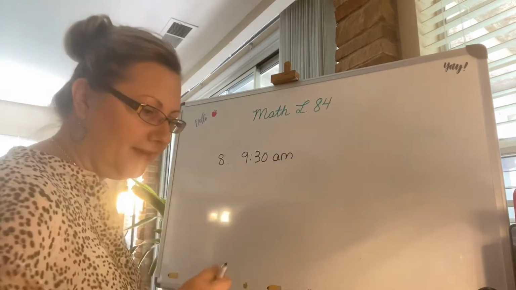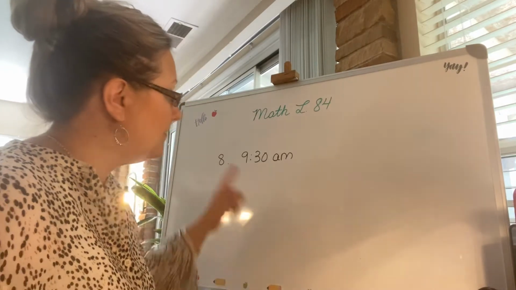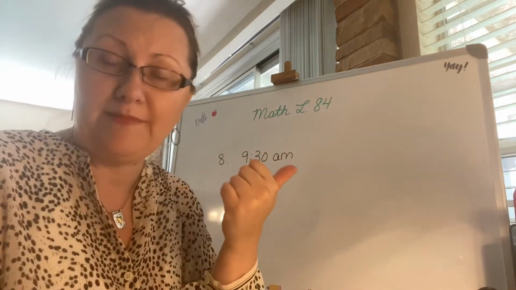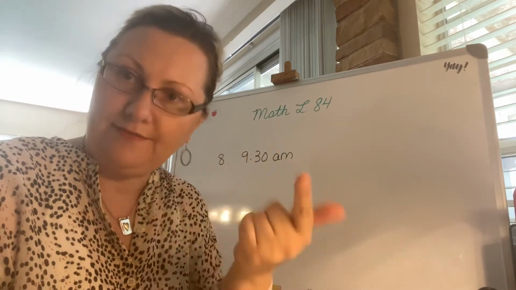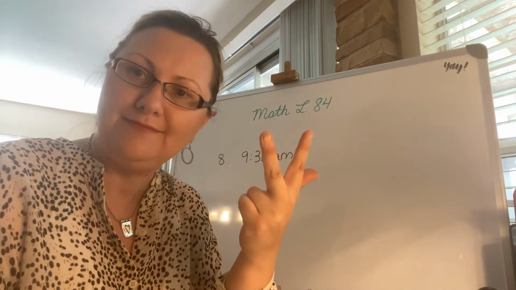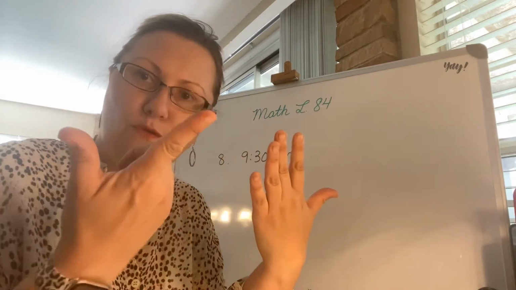Okay, now think 7 hours past this. So it's a.m., 9:30. I'll just count on my fingers. 7 hours. 10:30, 11:30, 12:30, 1:30, 2:30, 3:30, 4:30.